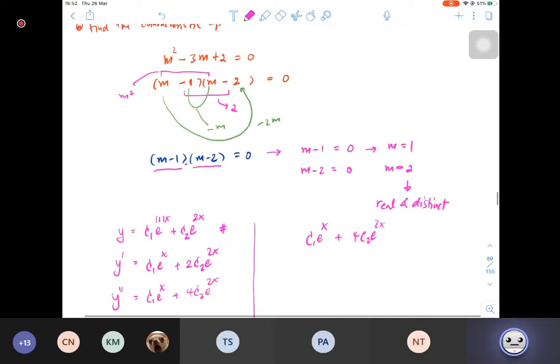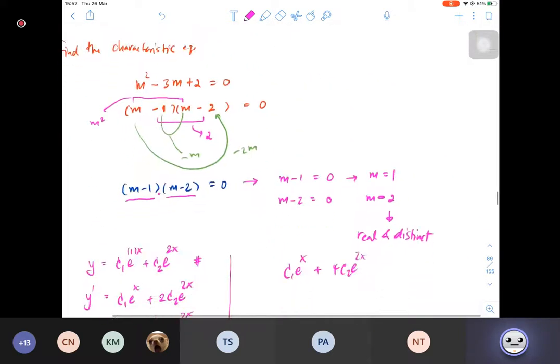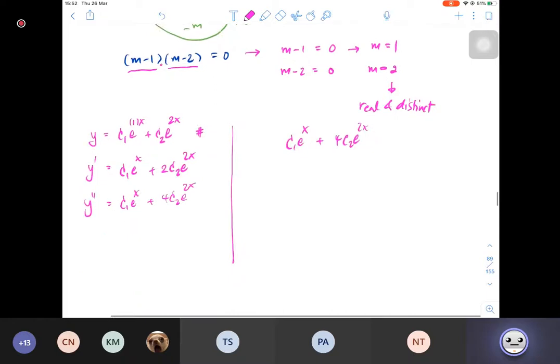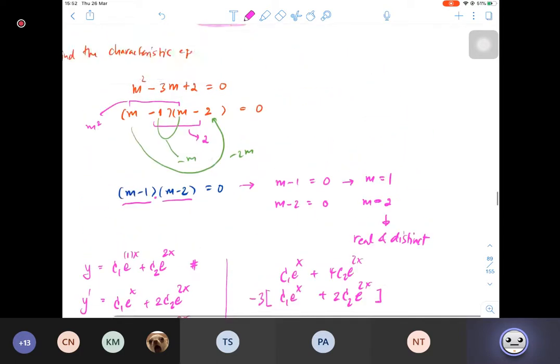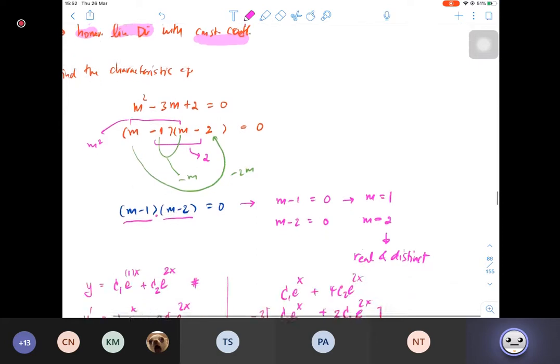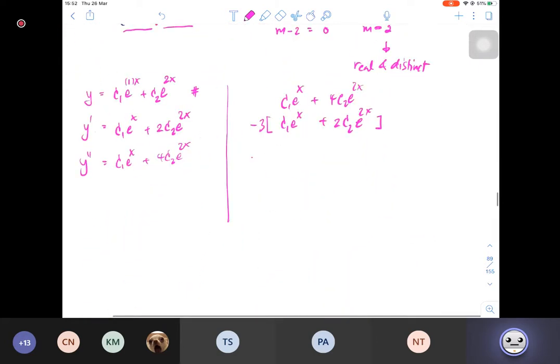And then you have -3 y prime, which is -3 times C1 e to the x plus 2C2 e to the power of 2x. The last term is plus 2y, which is 2 times C1 e to the x plus C2 e to the power of 2x.